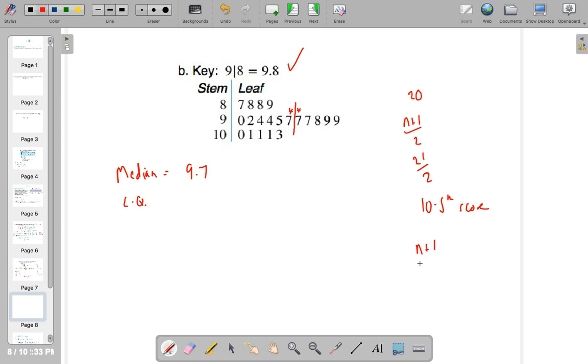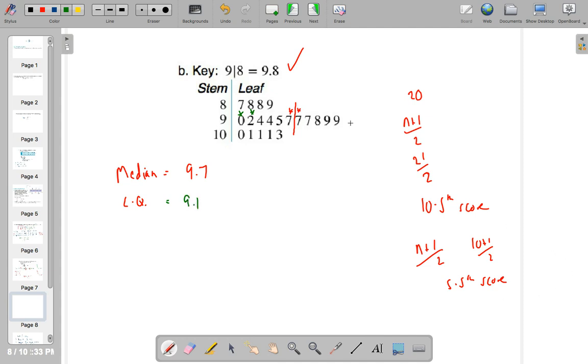N plus 1 over 2, 10 plus 1 over 2. 5.5 score. Halfway between the 5th and the 6th. 1, 2, 3, 4, 5. So the 5th one is 9.0. The 6th one is 9.2. Halfway between those two will be 9.1.